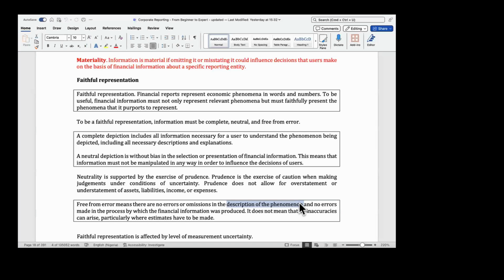Also, the process by which the financial information is produced, when you are passing your double entry and classifying transactions, must be free from error. Classify them properly. So the description of your economic activity and the process by which those financial statements are produced must be free from error. That's faithful representation. Be faithful when you're presenting your figures. They must be complete, neutral, and free from error.